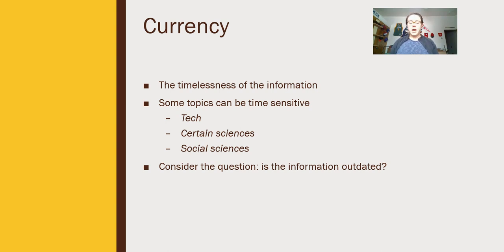For currency, you might find yourself saying, okay, well, because my audience really values the most up-to-date information, perhaps this article from 1997 just won't cut it. I need to have an article from 2015, 2016, 2017, and so on. Same thing with tech. Let's say you're writing on computers and how to get the most out of your computer or something along those lines.